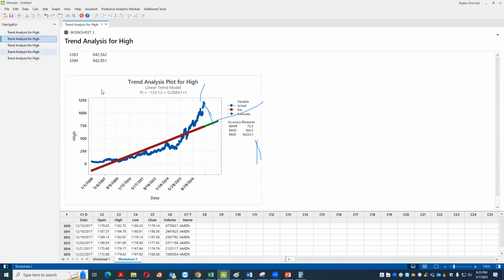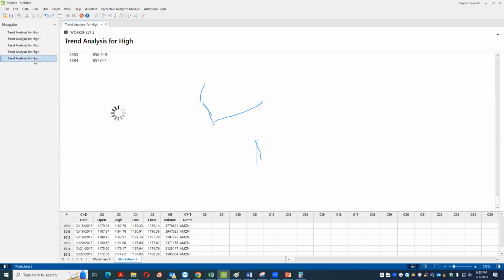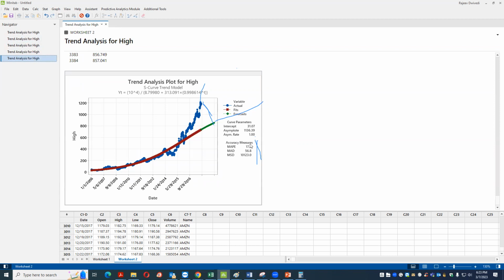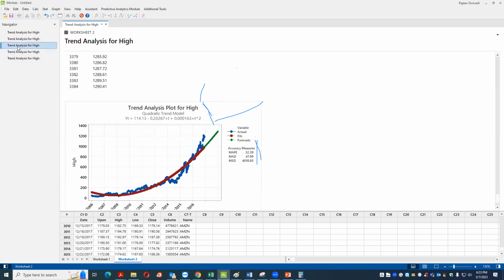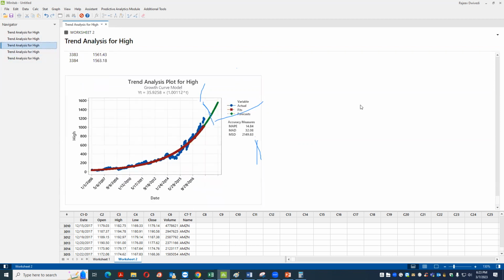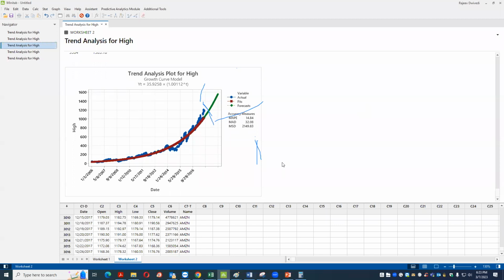This is linear. You can see it is much higher, and these are also much higher. Therefore, which is the best model for this? Certainly the exponential model. And we know in the last 20 years or so, the growth Amazon achieved, no one has achieved. So the exponential model is the perfect model.